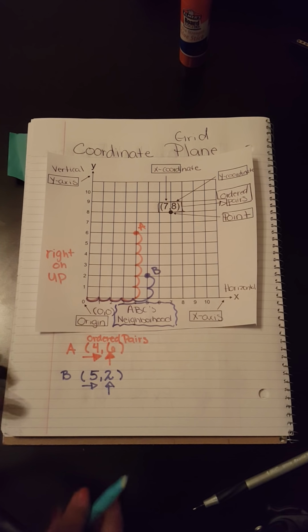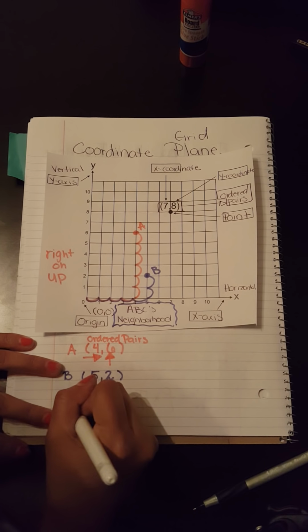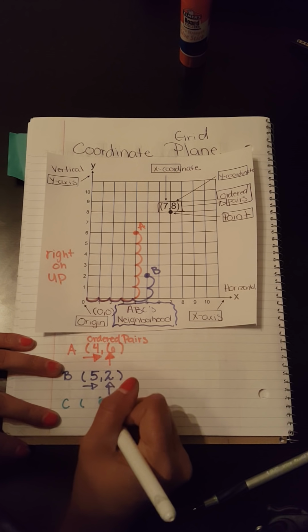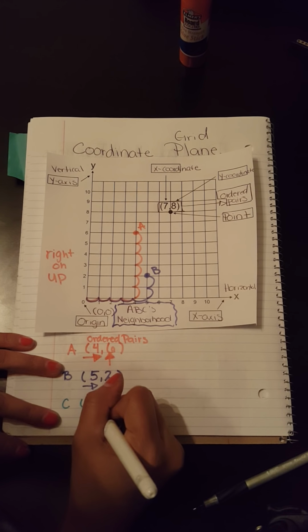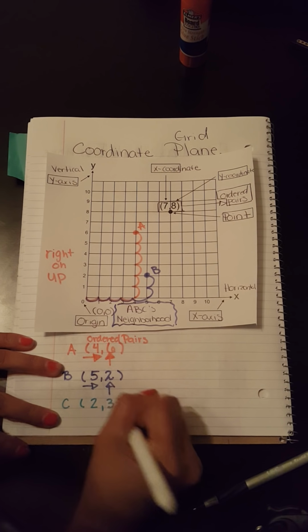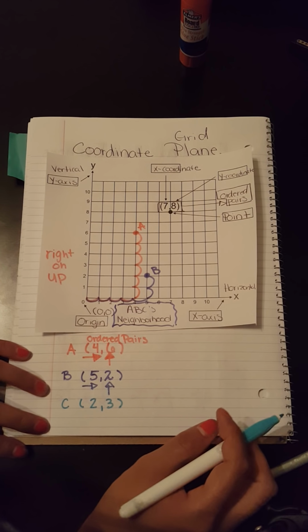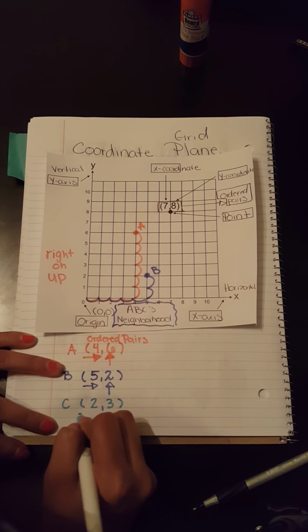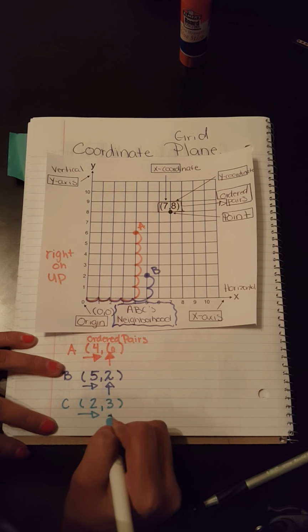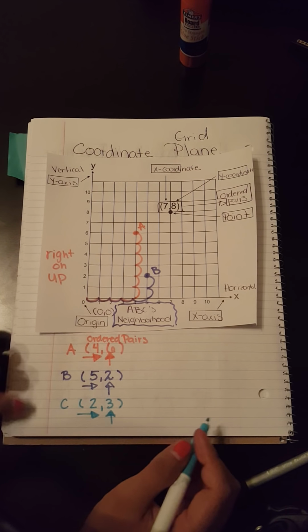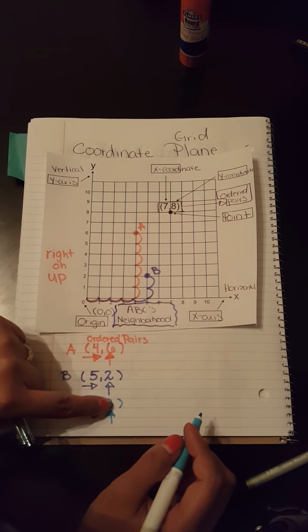Let's do the location of C's house. C's house is located at 2, 3. And remember, we're going to go right on up. Right on up. 2 units to the right, 3 units up.